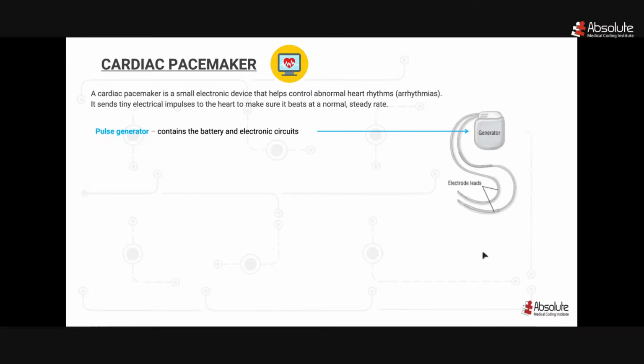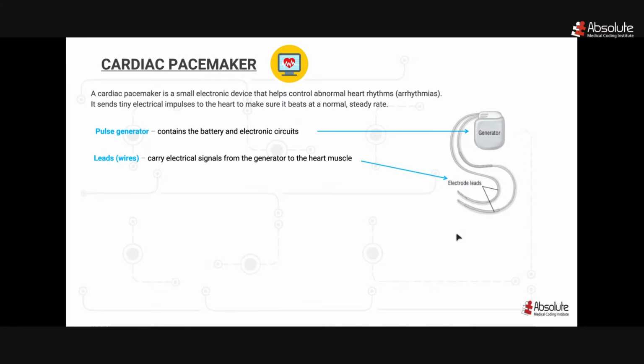And the second part is your leads, also called wires. These are like delivery cables. They carry the electric signal from the generator straight into the heart muscle so that the heart knows exactly when to contract. Okay, so these are your leads.